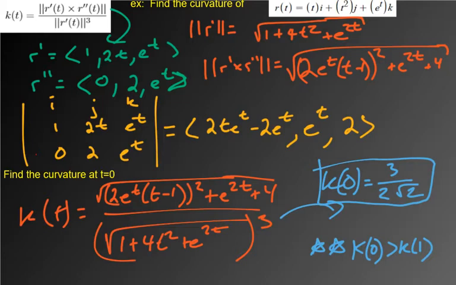But these are the kind of things that you can dive into more in a differential geometry class or something. But really, most of the time for us, I'm going to be asking you things like, does it have greater curvature at this point or something like that. And basically you'd have to compute the curvature, the k of t, and then you have to plug in the numbers and compare them.